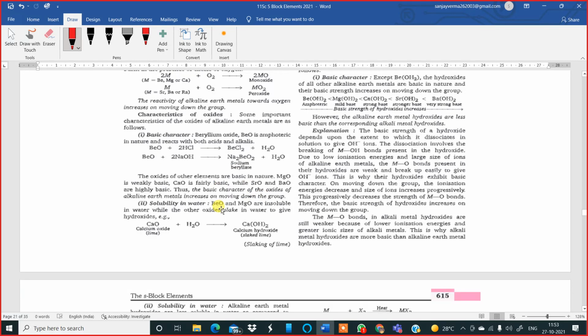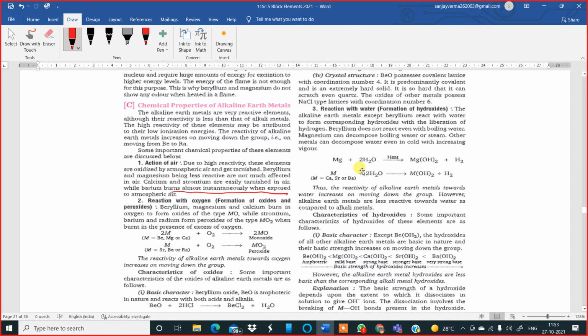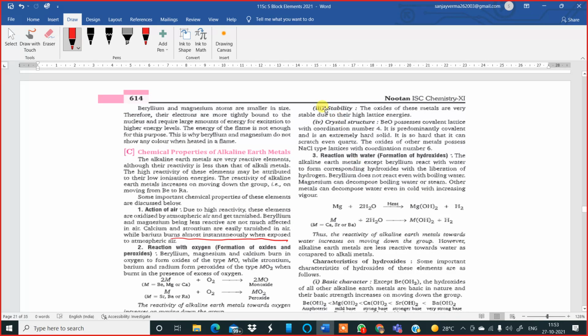Now solubility in water. Beryllium oxide and magnesium oxide are insoluble in water, while the other oxides slake in water to give hydroxides. They react with water. See, look over here, hydroxides are being formed. So that is what you have to remember. Stability: the oxides of these metals are very stable due to the high lattice energies.